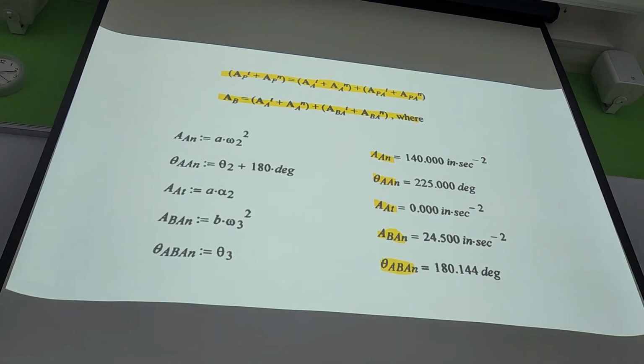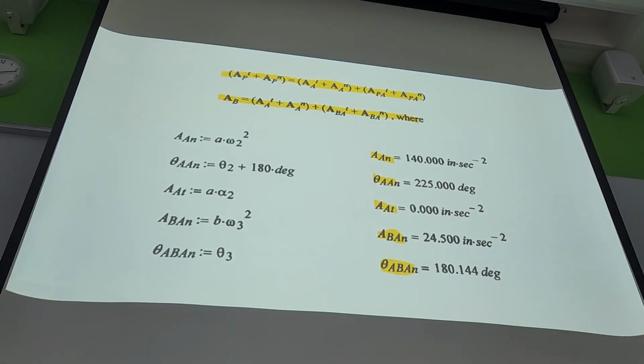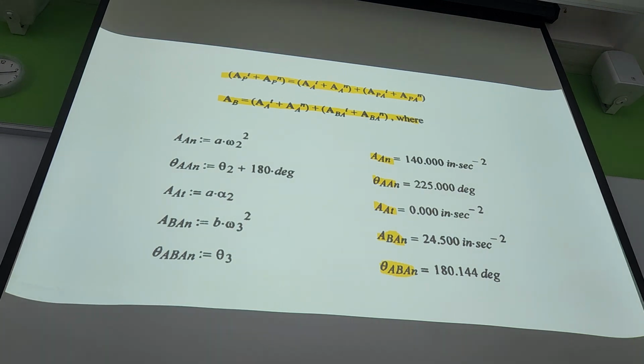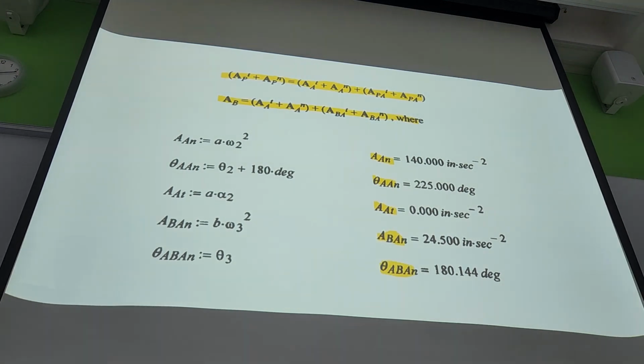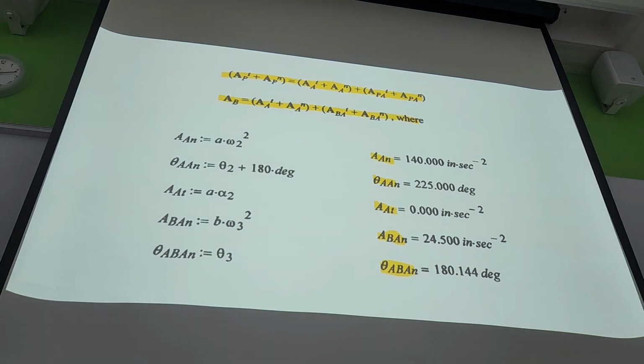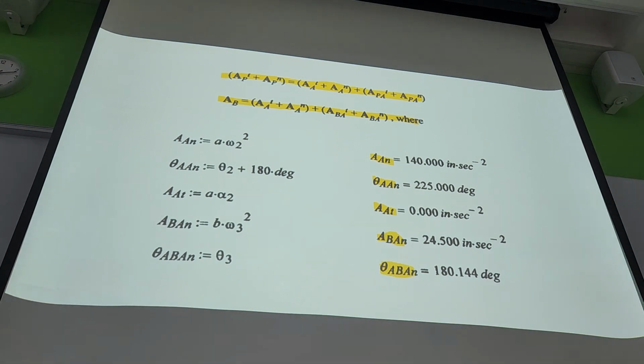That is the magnitude of the normal component. Then the direction of the normal component will be theta 2 plus 180 degrees, so the direction is 225 degrees.